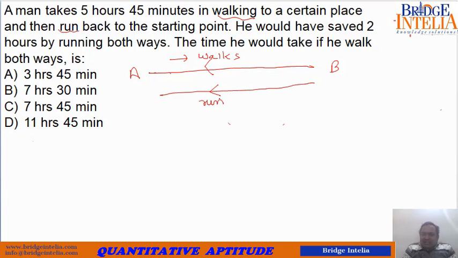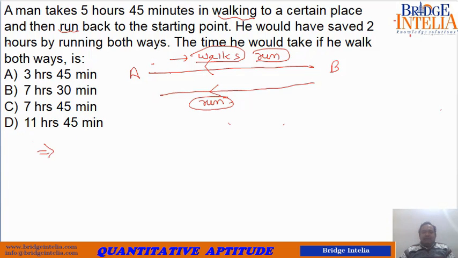So what is the difference between running and walking? When you run, you have more speed. If you are running at higher speed, you are going to take less time. So while running, you require less time. It is said he would have saved 2 hours by running both ways. So if while coming back also he would have run instead of walking, he would have saved 2 hours.